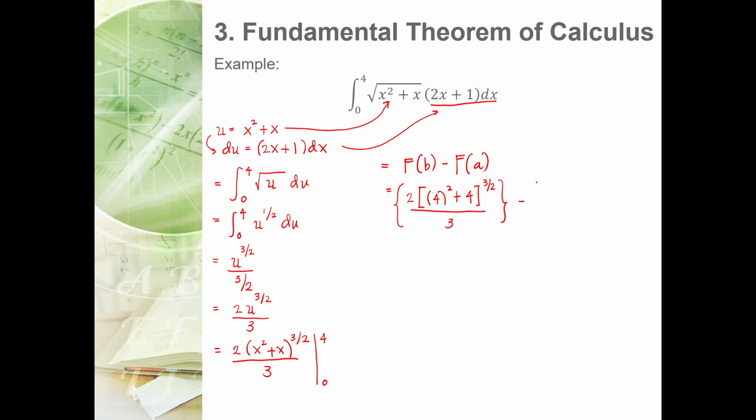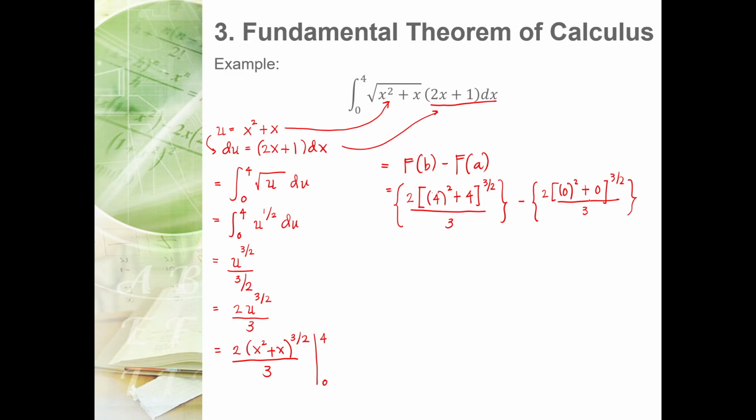And then minus 2 times 0 squared plus 0, raised to 3/2 all over 3.